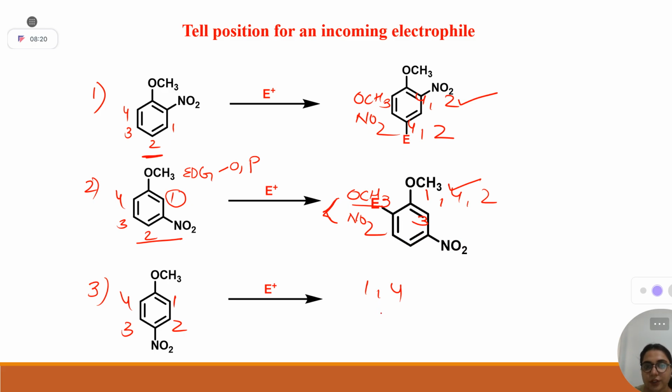Are we correct? Wait a minute. Here they have attached the electrophile. Okay, I have numbered it 4. Clear? Let me erase this part. I hope everyone is clear. If not, I can discuss again. See, two position, two position. We are right.